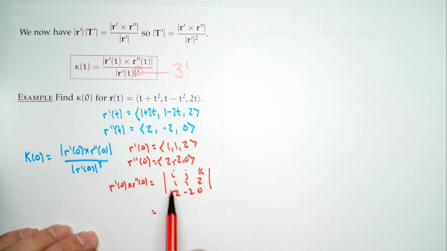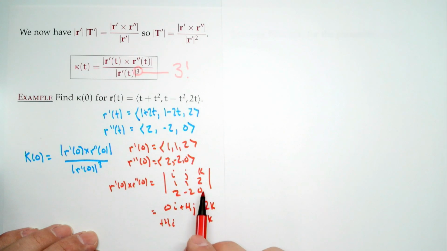That would give us i times 1 times 0, which is 0. j times 2 times 2, 4j. k times 1 times negative 2, minus 2k. 2 times 1 times k, 2k, but I went up, so I subtract. Minus 2 times i, negative 4i, but I go up, so I subtract negative 4i, which means I really add 4i. And 0 times 1 times j is 0j, giving us 4, 4, negative 4.